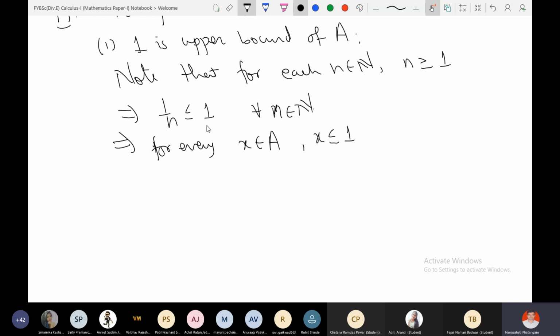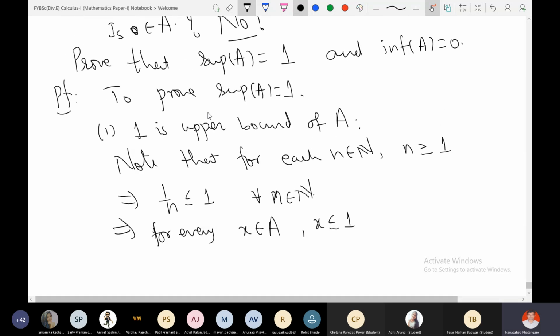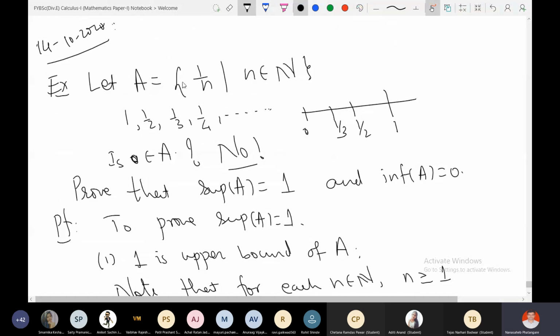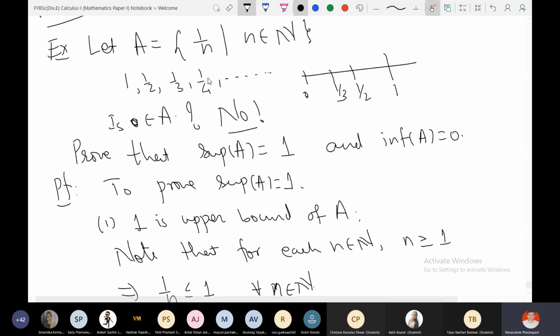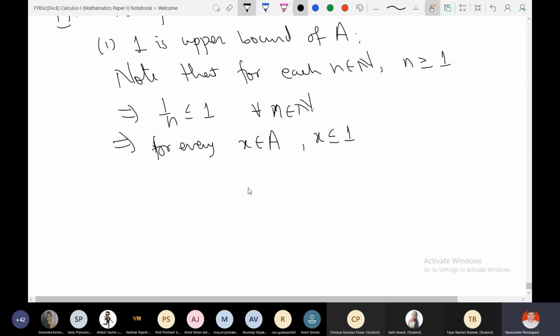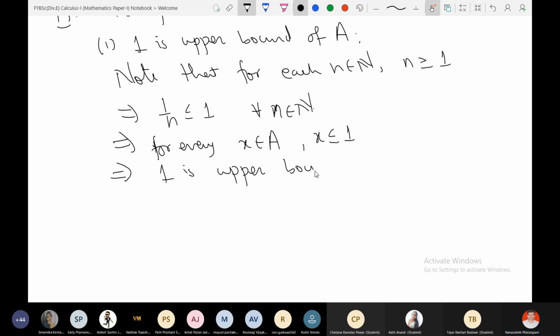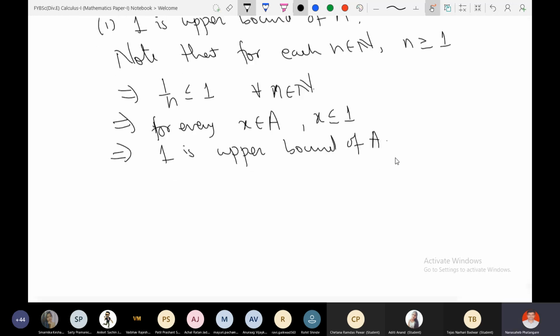The elements of the set are 1 by n, and therefore every member of set A is less than or equal to 1, right? Hence 1 is an upper bound of A.